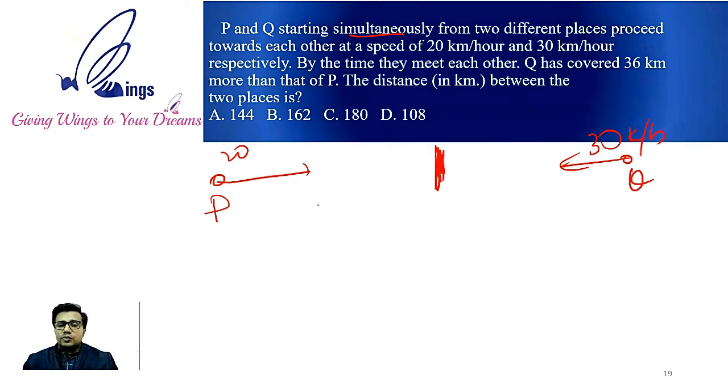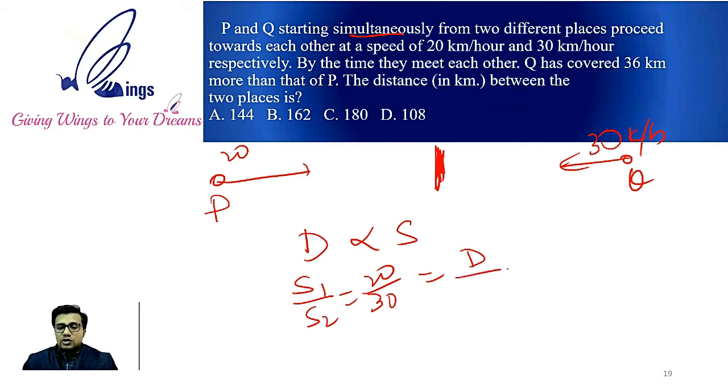And when the time is equal for both of them, we can say the distance will be directly proportional to their speeds. So when the speeds are in the ratio S1 by S2 is 20 is to 30, the distance ratio will also be the same. D1 and D2 will also be 20 is to 30, that is 2 is to 3.